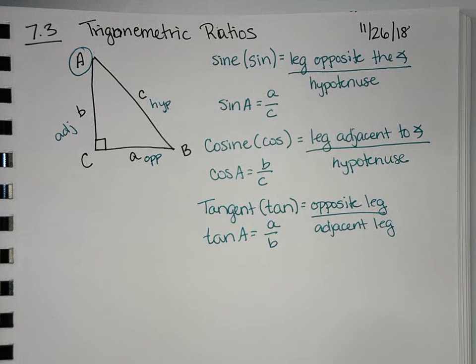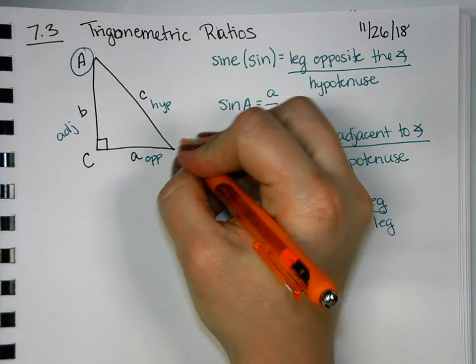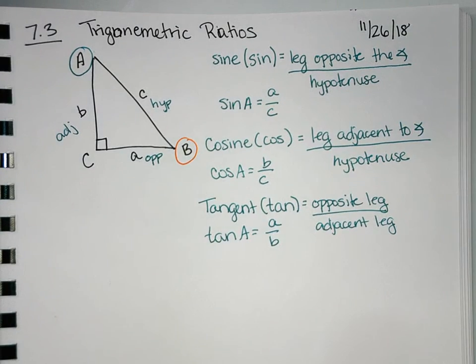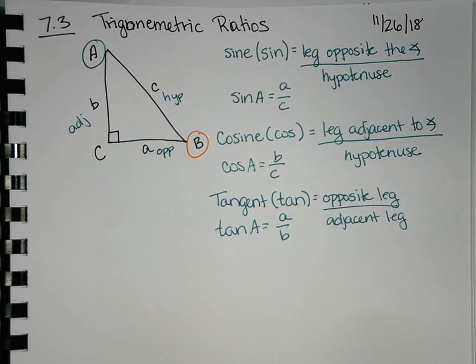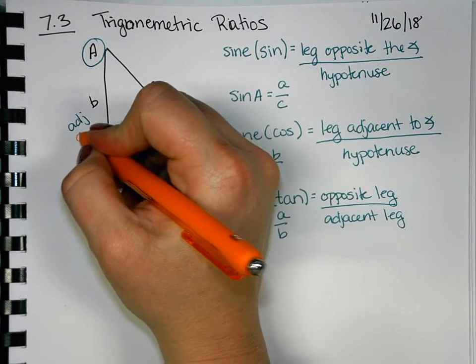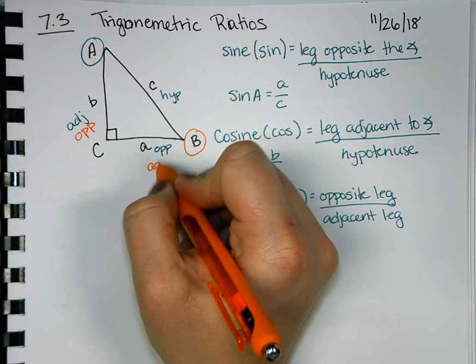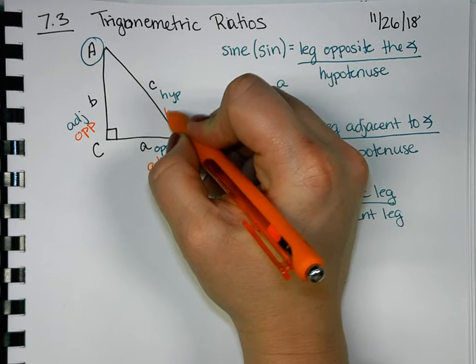Okay, as Shane had pointed out, what if we had chosen B? How would things have changed? So what now is opposite of B? B. And what's now adjacent to B? Does the hypotenuse change?